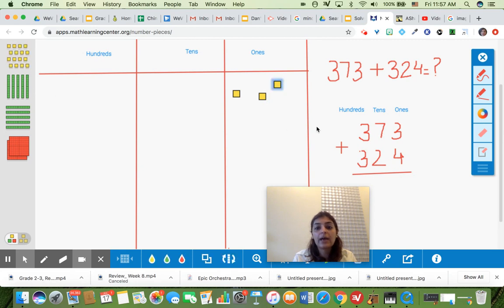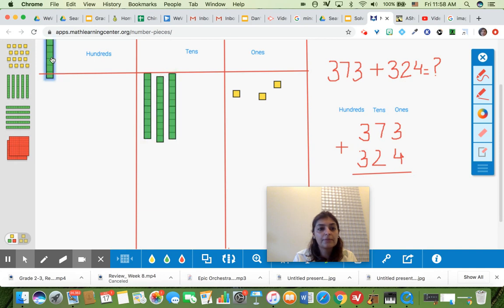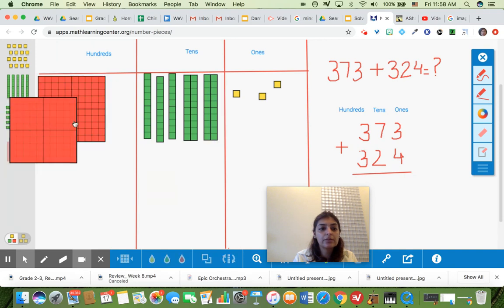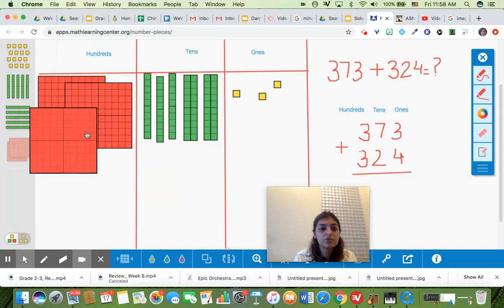Now we need 7 tens. 1, 2, 3, 4, 5, 6, 7. Now we have 7 tens and we need 3 hundreds. 1, 2, 3.